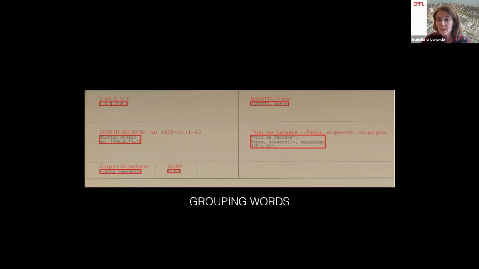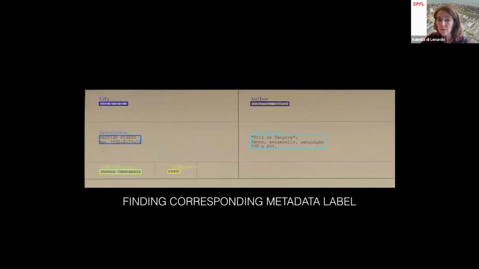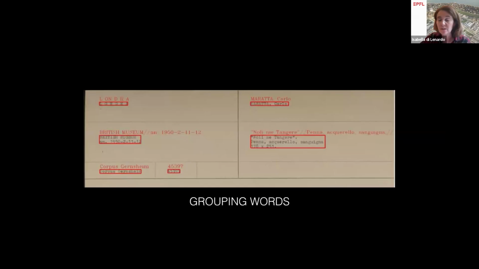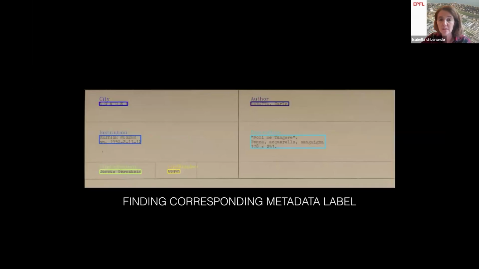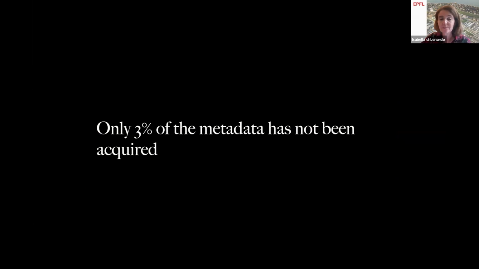Same thing for Carlo Maratta. Carlo Maratta, we need to label it as an author. Same for British Museum. British Museum is an institution, and we want to keep this record in this class of elements. Okay, so there are two elements: transcribe text and label the text.